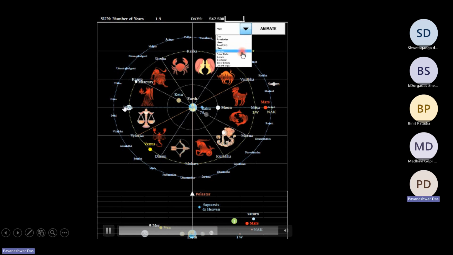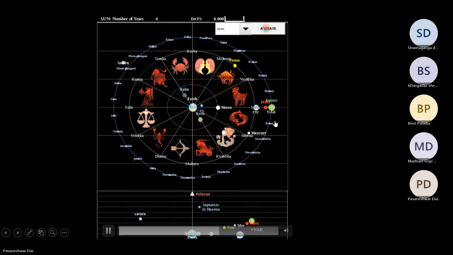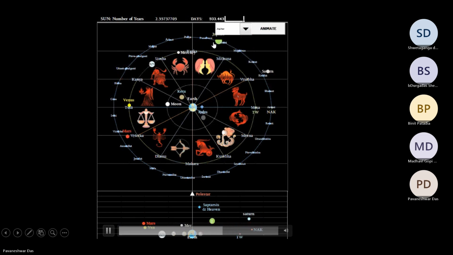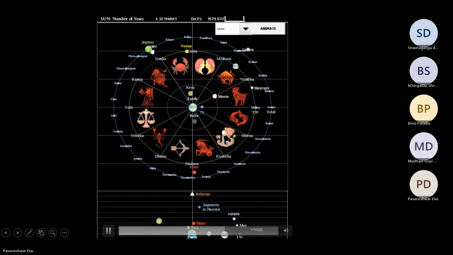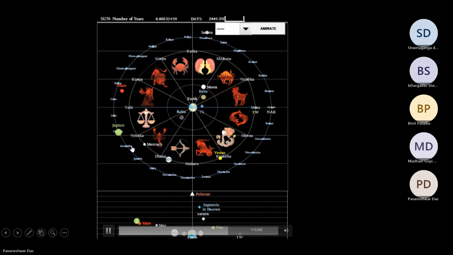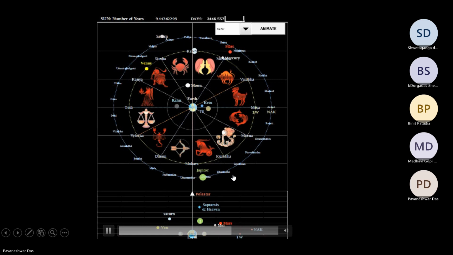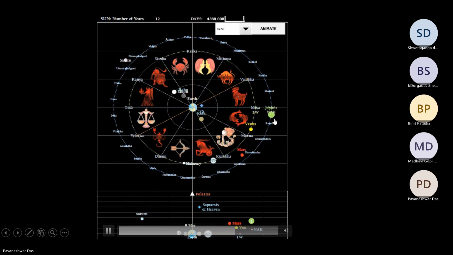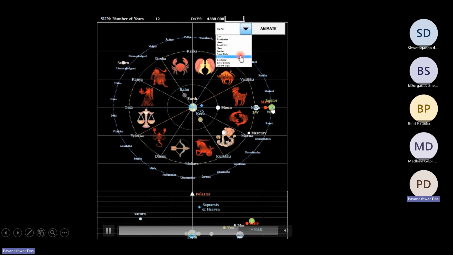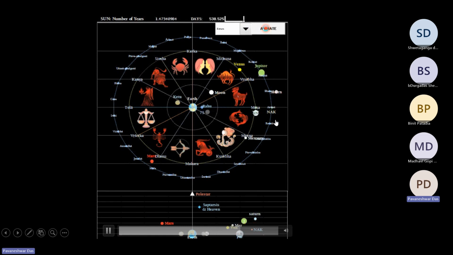Now Jupiter, he will take 12 years. Now Saturn, he will take 30 years to complete 1 round.